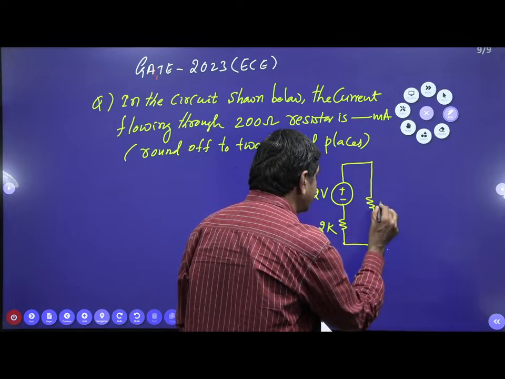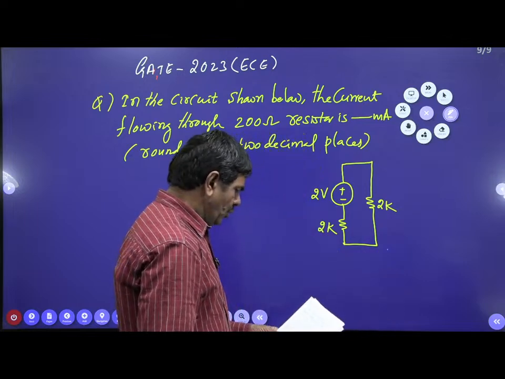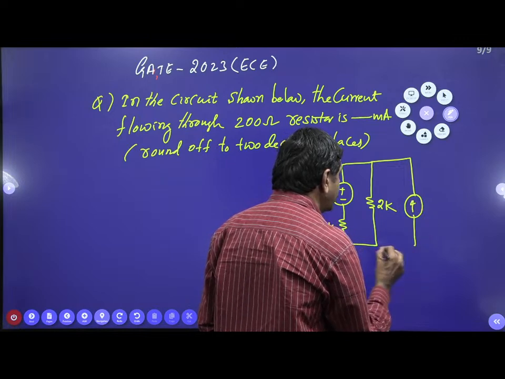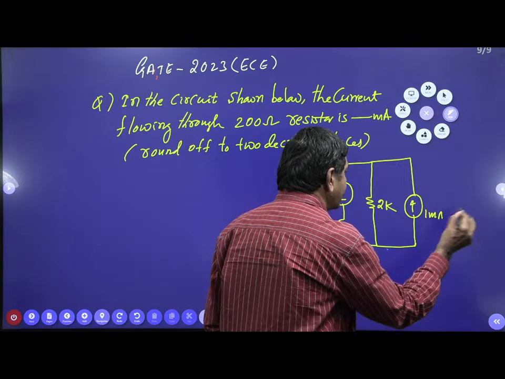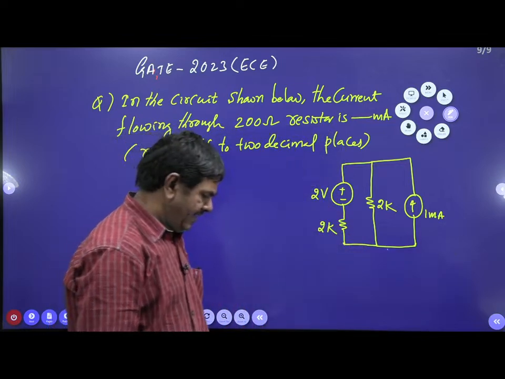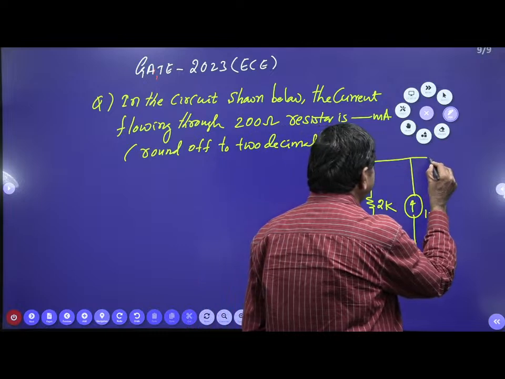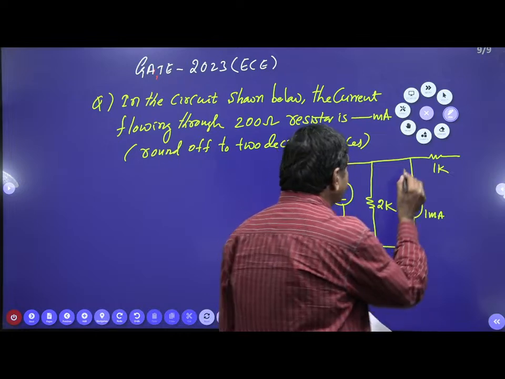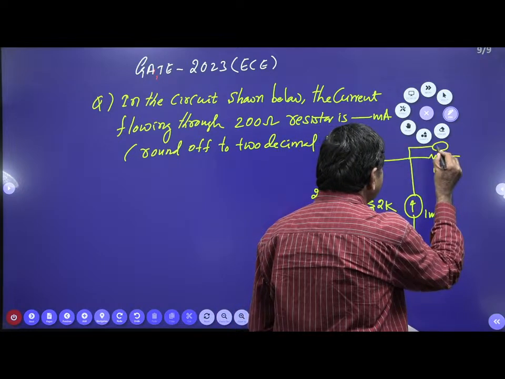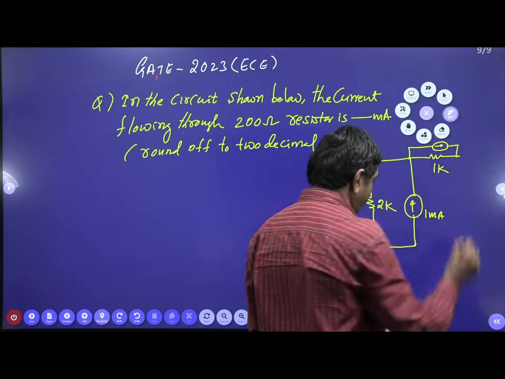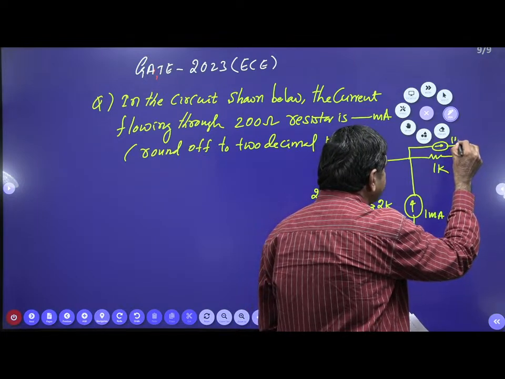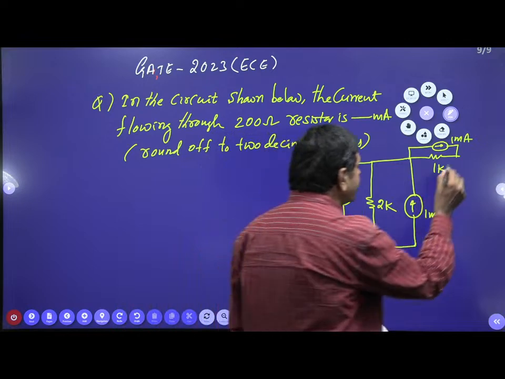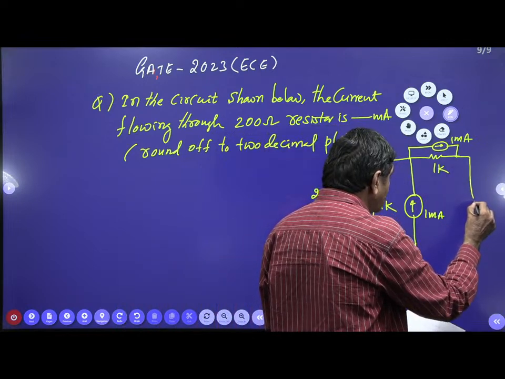Also a 1 milliampere current source is connected on this side. And also a 1K resistance is given on this side, and there is one current source connected in parallel, given as 1 milliampere. This is connected to 200 ohms.